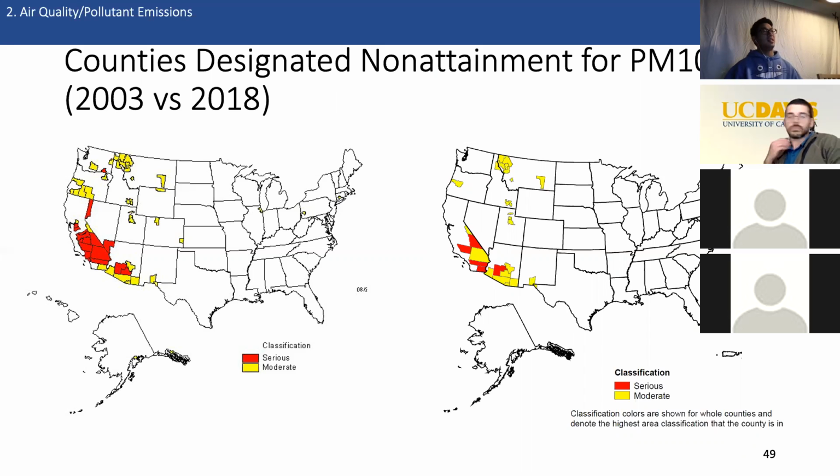And so this set of maps here is showing non-attainment over a long average period of time, but oftentimes you're going to have counties that on certain days of the year are in non-attainment, which is where you see that 56% number from before.